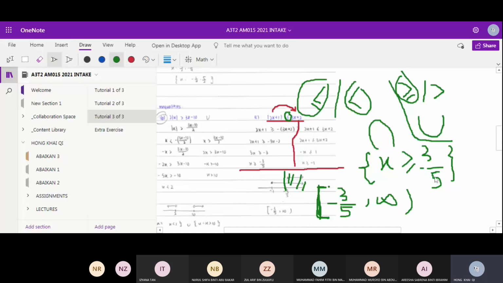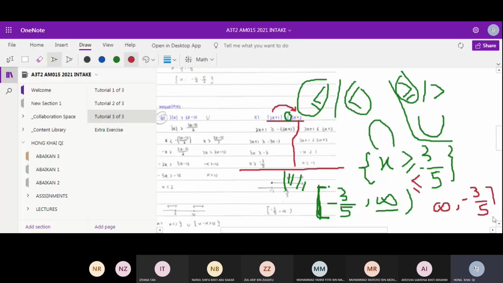So the unknown is on the right hand side here. If our answer is less than or equal to -3/5, the infinity will be on the left hand side and the -3/5 is here.